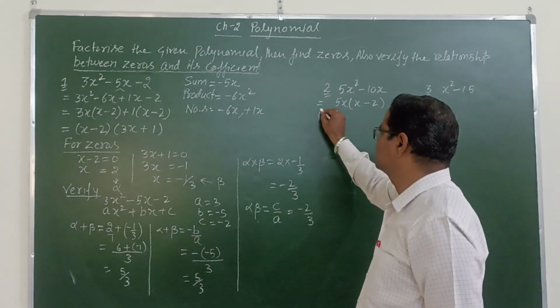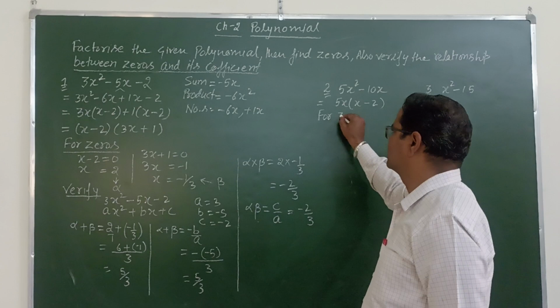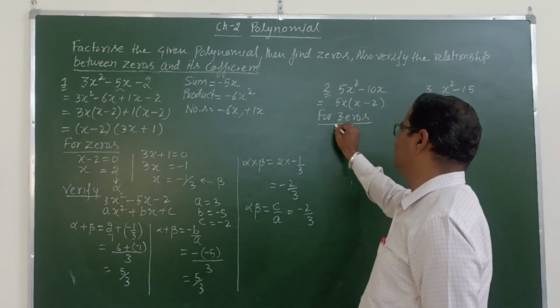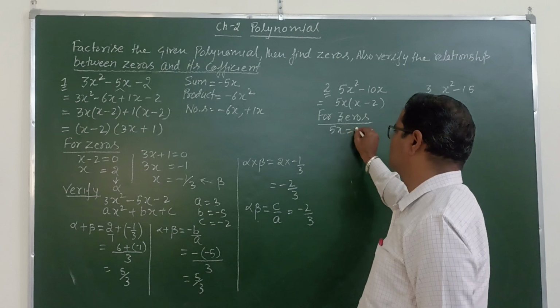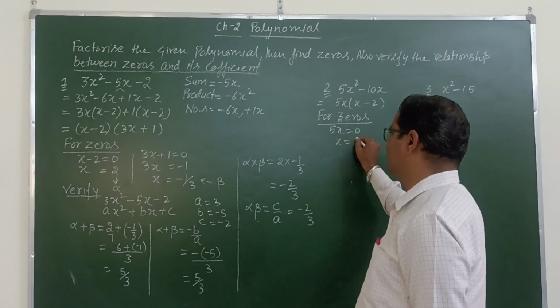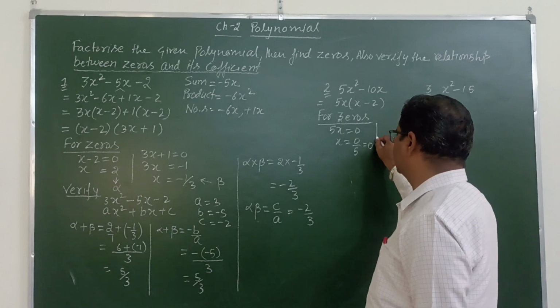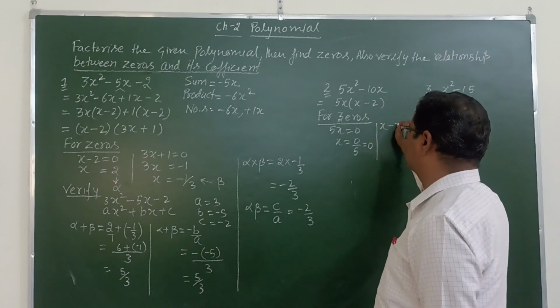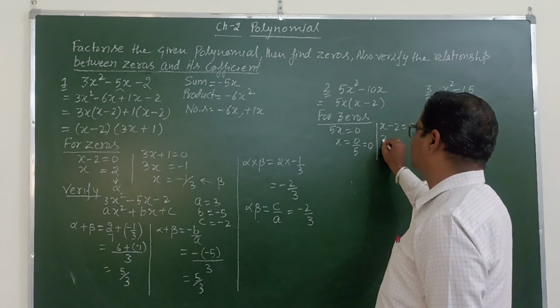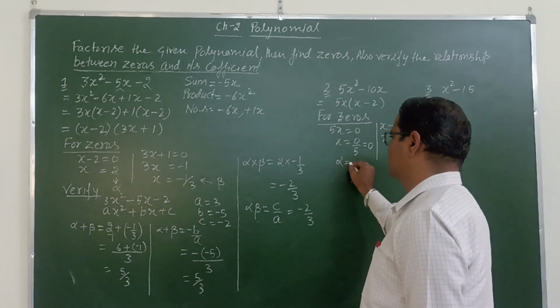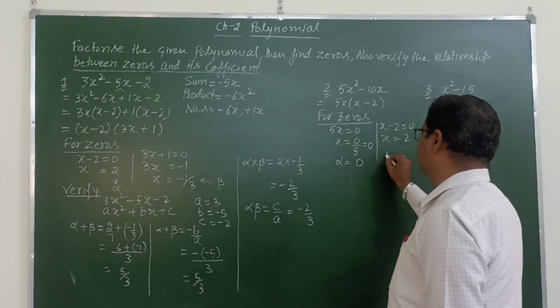For zeros, one time 5x equals 0, x equals 0 by 5, that is 0. On the other side, x minus 2 equals 0, x equals 2. So alpha is 0 and beta is 2.